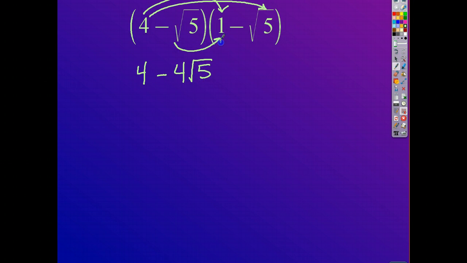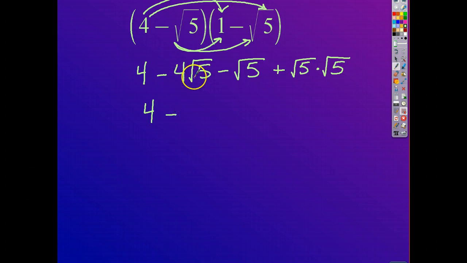And we get negative radical 5 times 1, so it's going to be minus radical 5. And then negative radical 5 times negative radical 5, so that's going to basically be plus radical 5 times radical 5. So I get 4 minus 4 radical 5, and this is one of those, so negative 4 and negative 1 is negative 5 radical 5.